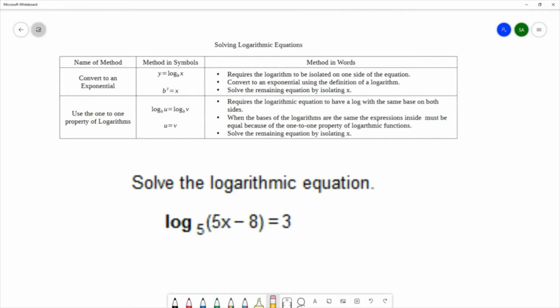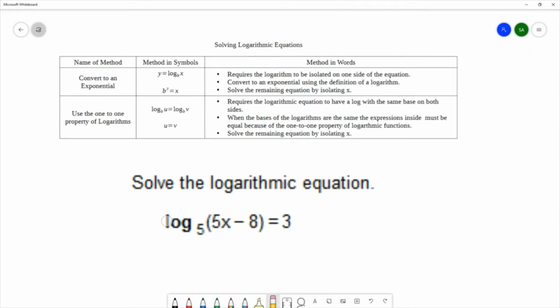So for our question, we have log base 5 of (5x minus 8) equals 3. And based on these two methods, we can decide which method is appropriate. The first one requires that the log be isolated on one side of the equation.